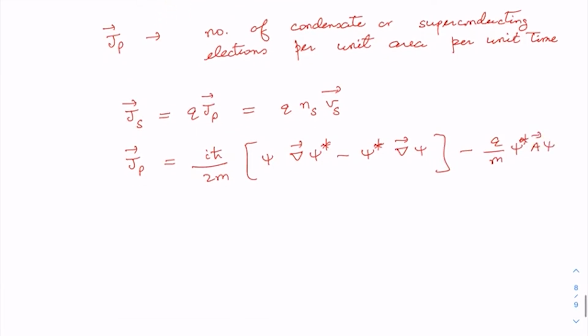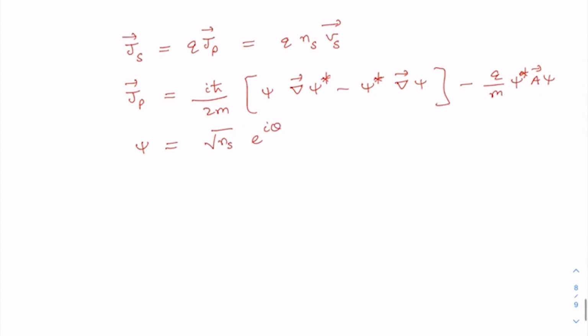So if I put the expression as per Ginzburg-Landau theory, psi is equal to square root of ns e to the power i theta, let me work it out for you. I just have to put this psi here. So first of all, what is my grad psi?